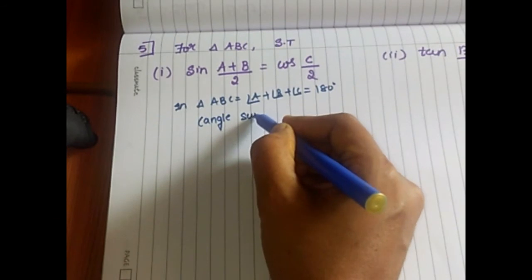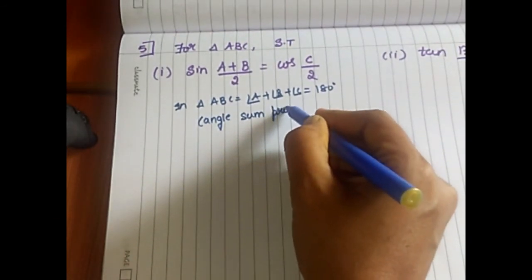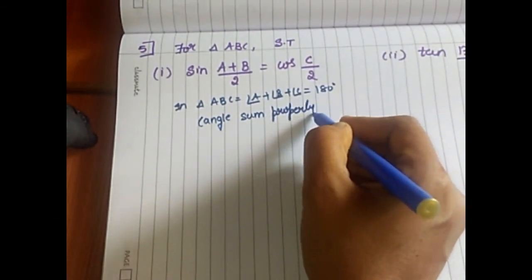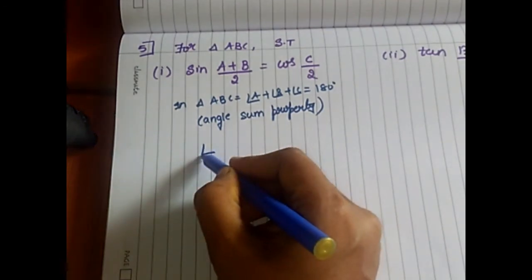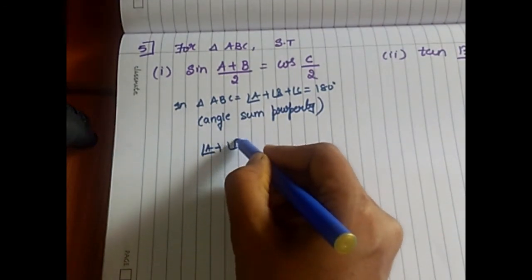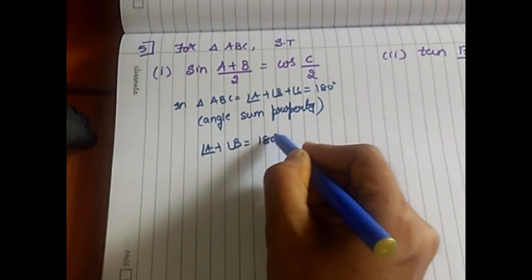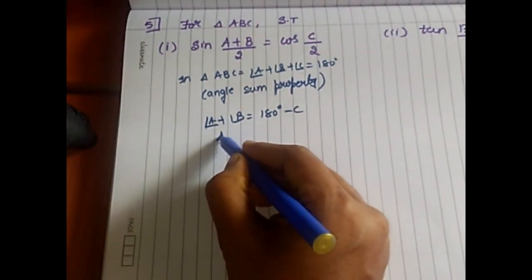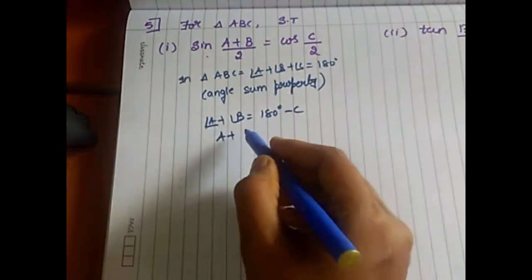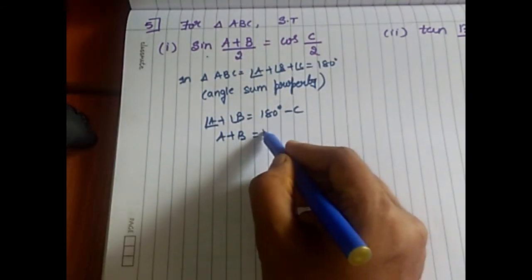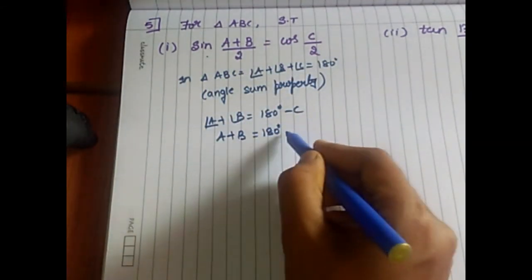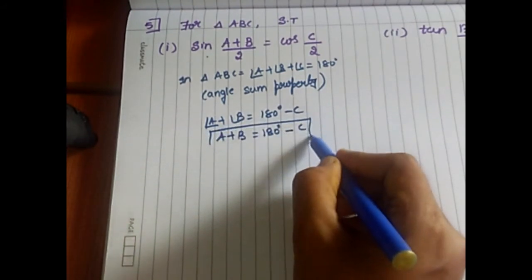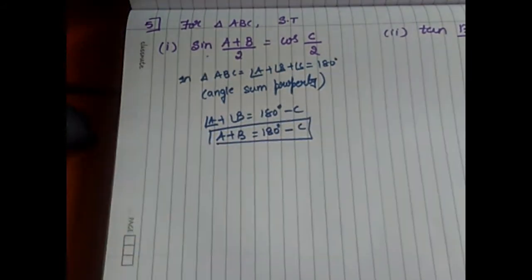We know this very well and we have applied it many times. Now can I write this as angle A plus angle B is 180 minus C? Of course. Say that A plus B is 180 minus C.